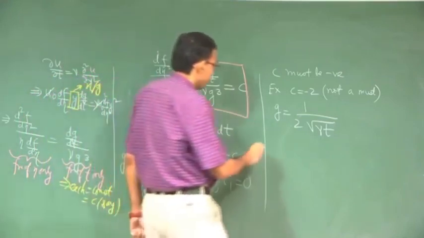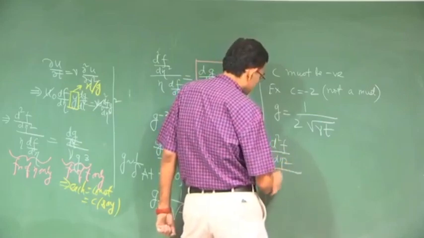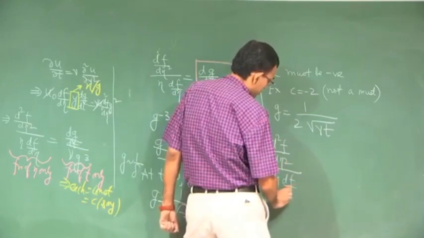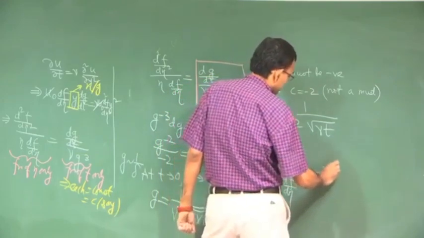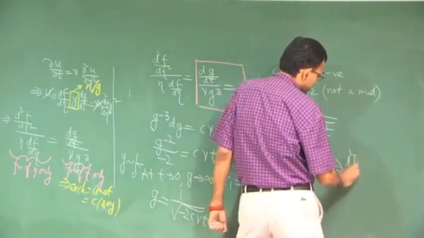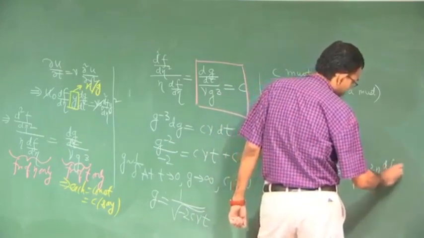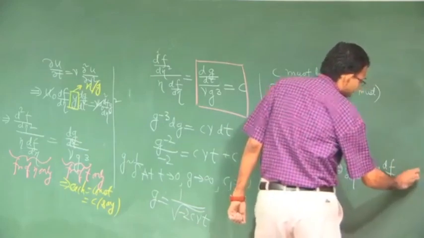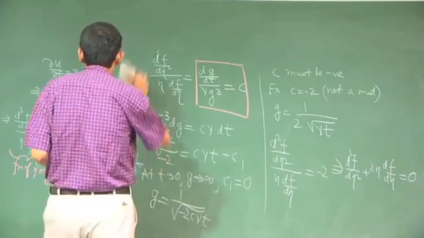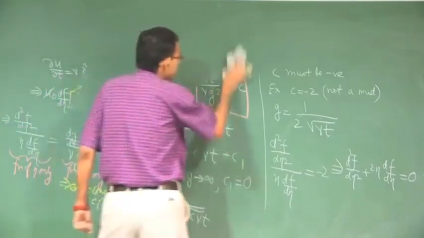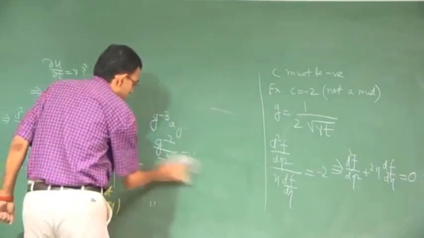So, then you have, now let us, so this is a very simple ordinary differential equation to solve. Let us clean up the remaining part of the board so that we can do it quickly.